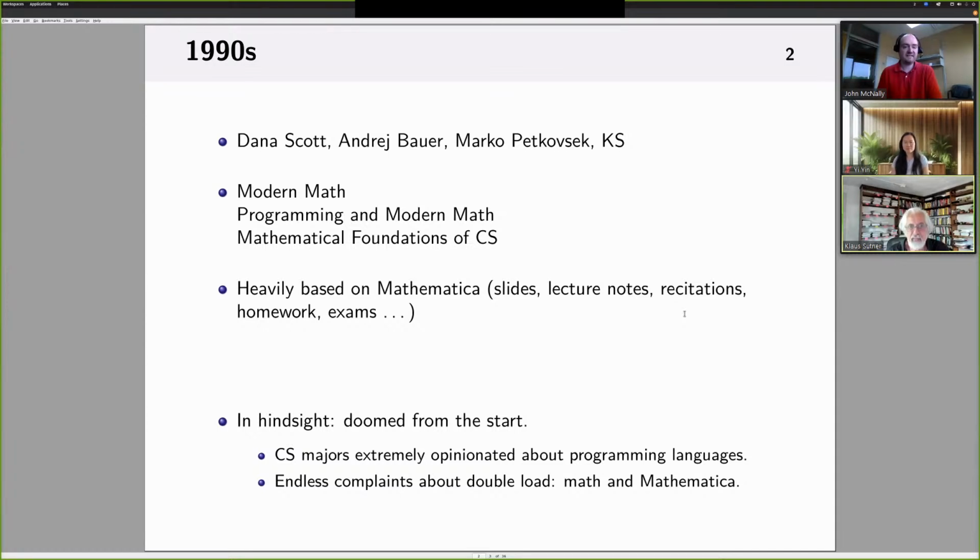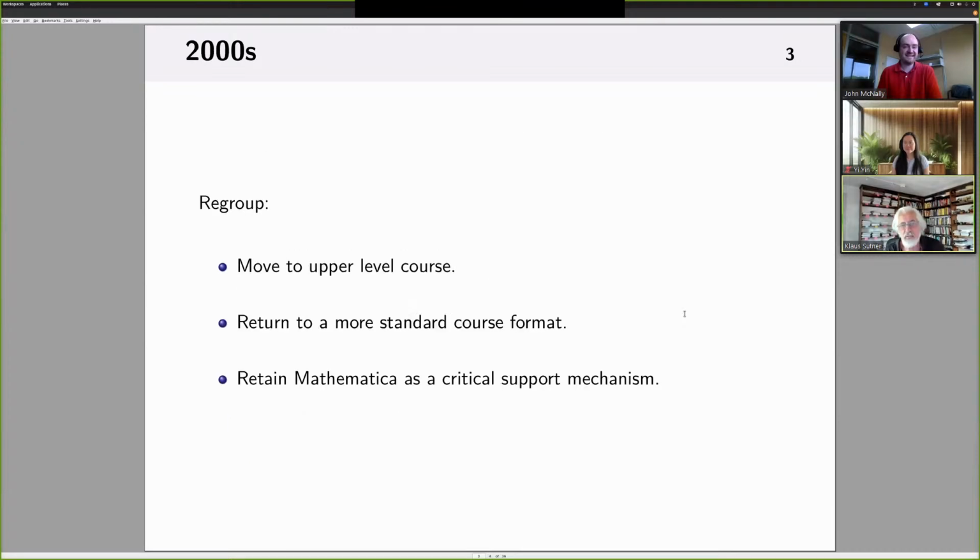And it still has remnants of the structures that we built at the time, but it's sort of been drifting back towards a more traditional math course, much to my chagrin, but I'm just not going to fight that at this point. So what I did instead was to move to an upper level course.